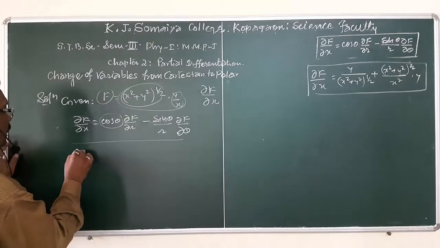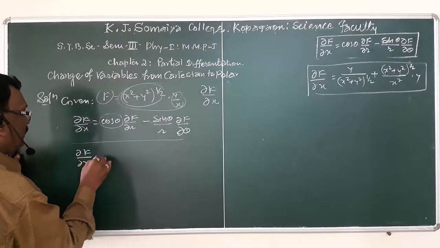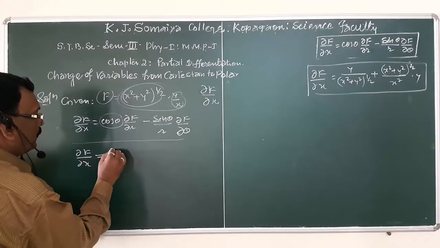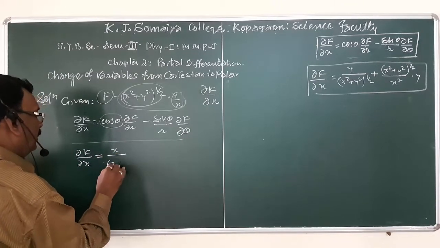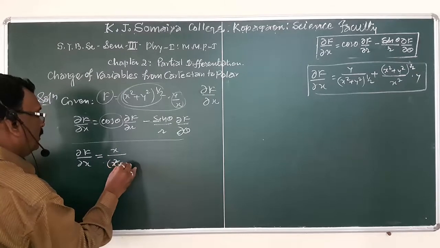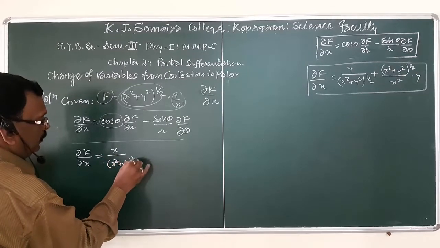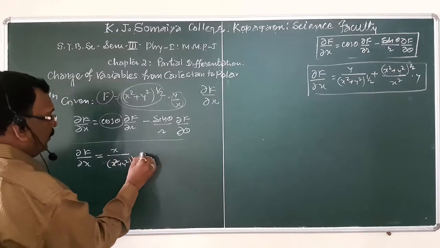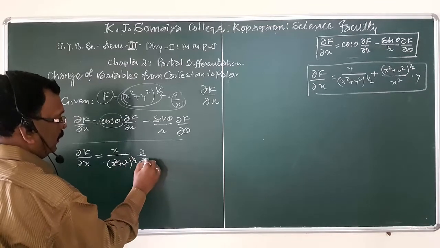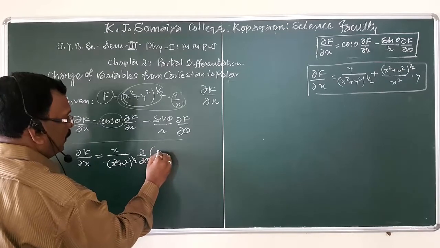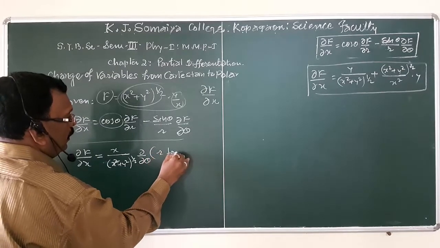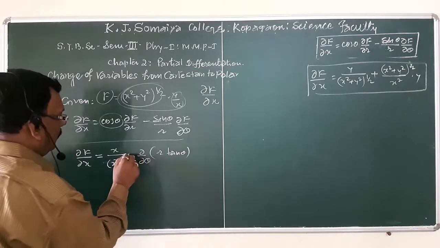Now, therefore, we have del f by del x is equal to cos theta, which is x upon (x square plus y square) bracket raised to 1/2, del by del theta of f. The value of f is r tan theta.